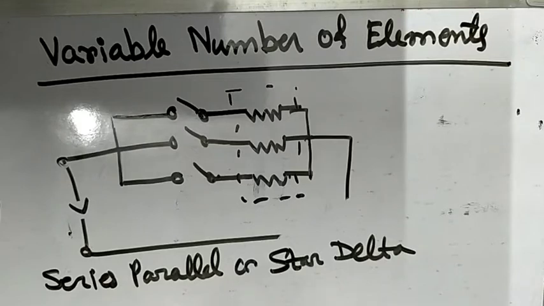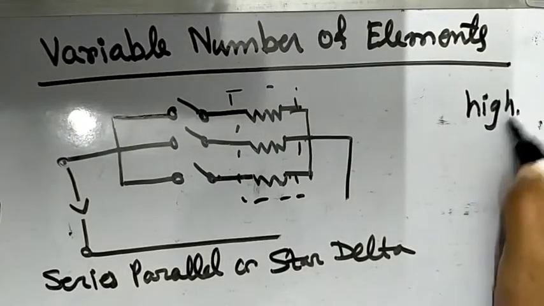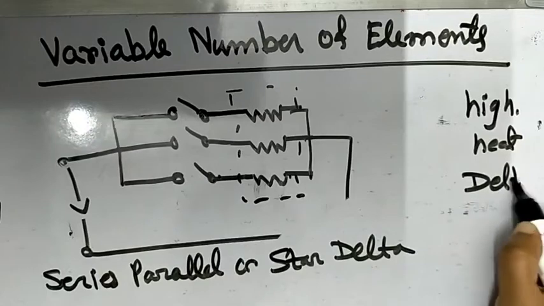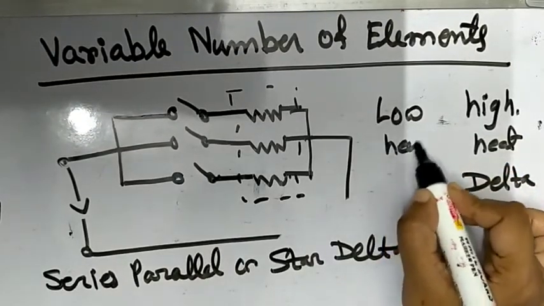In case of three phase supply, elements can be put in star for low heat, and for high heat they are put in delta by means of a star delta switch.